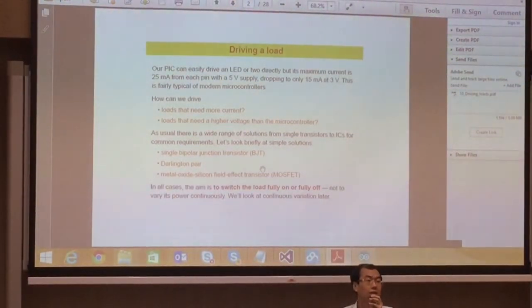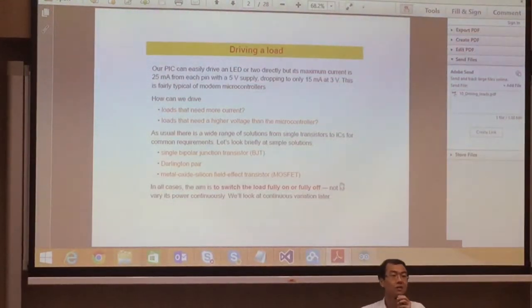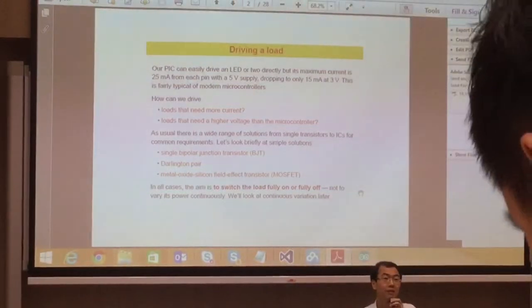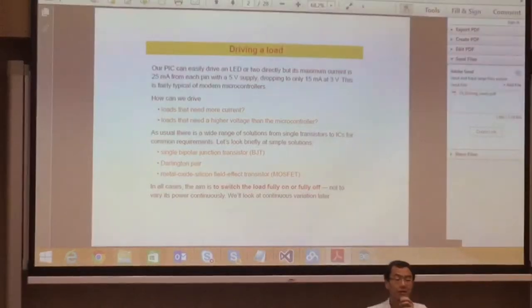Yes, MOSFET, indeed. MOSFET is one of the most popular transistors. A transistor you can use for amplification, or if you want to have a bigger current.